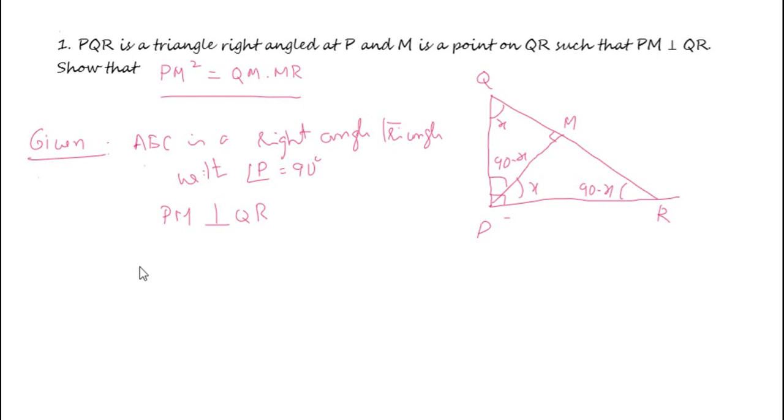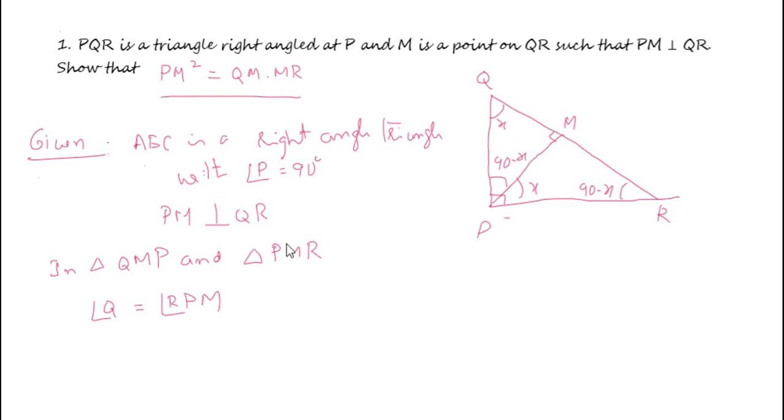Now if you take the two triangles, that is in triangle QMP and PMR, in these two triangles, angle Q equal to angle RPM.